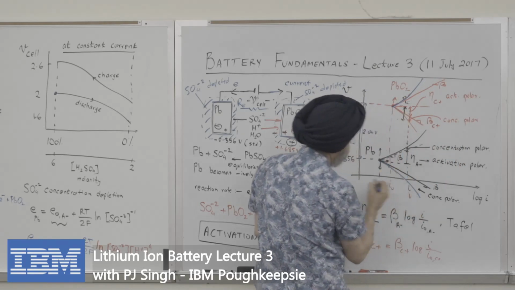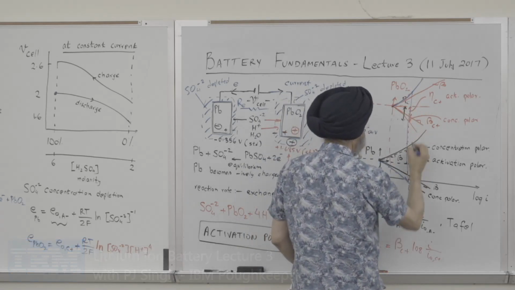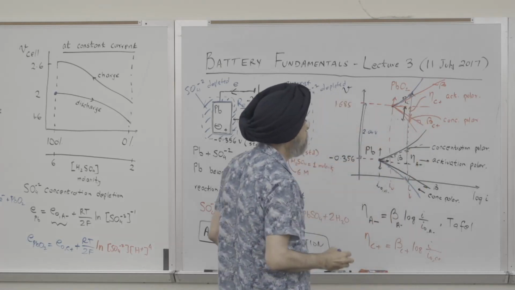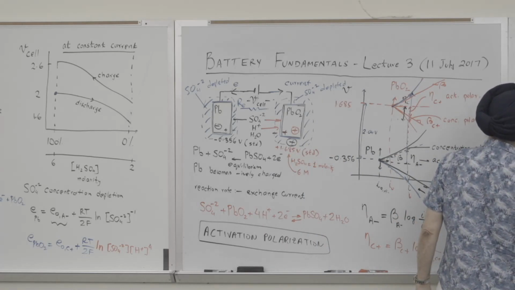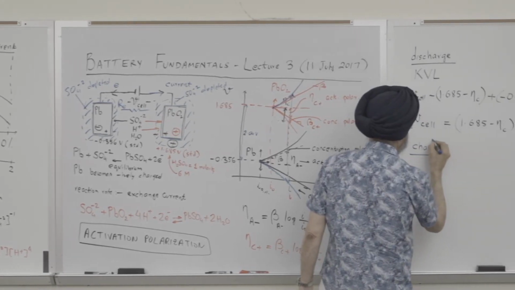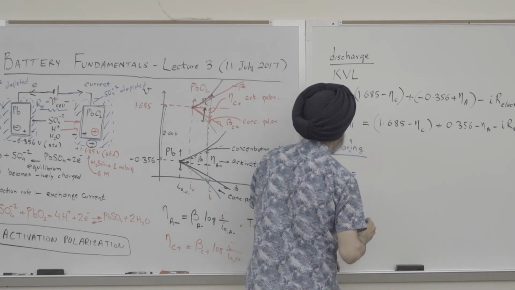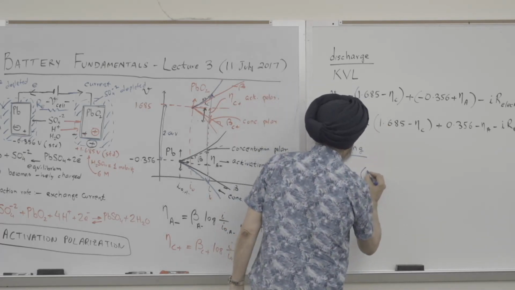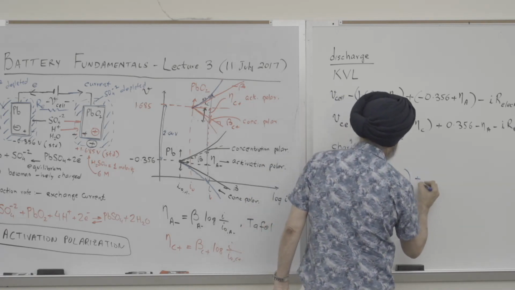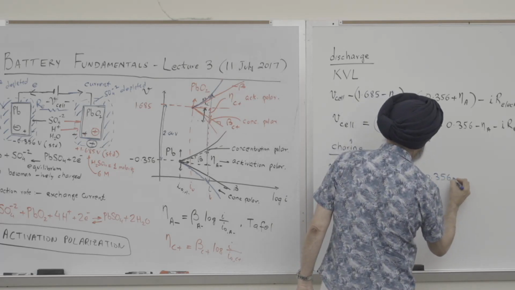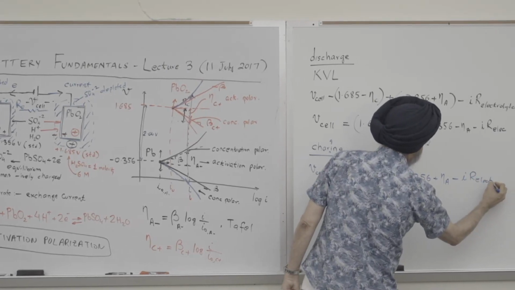For the lead electrode it will be like this. So now notice the voltage across these two is this much. So notice the voltage is increased. So now during charging, let's write down the cell voltage. So this time the V cell will be 1.685 plus NC plus 0.356 plus Na minus R electrolyte.